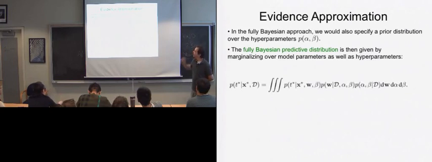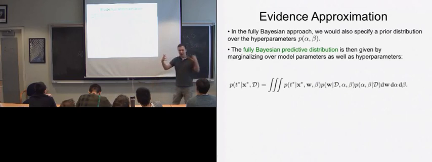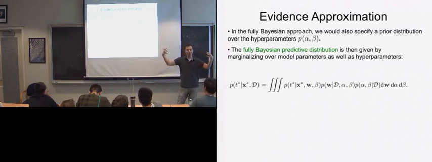If you look at people who are truly doing Bayesian inference, you have a prior. The prior will have some parameters, so you have to specify a prior over those parameters if you're not sure about them as well, and try to integrate over this whole space.